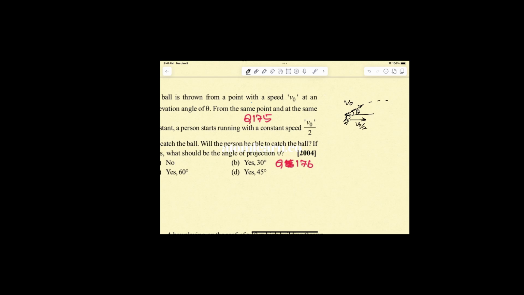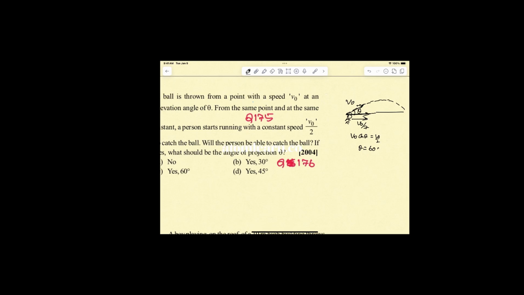That means both the horizontal component of this projectile as well as the horizontal velocity of the person should match so that he should be able to catch it whenever it falls. That means v0 cos theta must be equal to v0 by 2. That means theta should be equal to 60 degrees, is the answer. Yes, we can catch it provided the angle of throwing is 60 degrees.